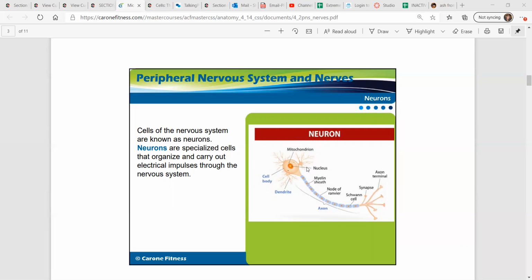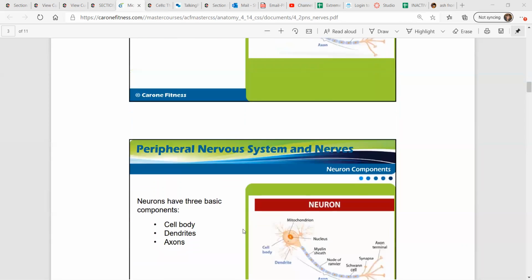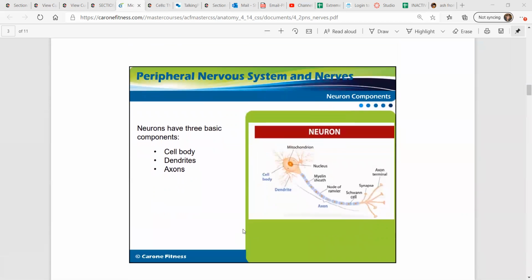And here is a neuron and the parts of a neuron. We have a mitochondrion, the little nucleus, the cell body. These little tree branch looking things are called dendrites. We have the axon and axon terminals and synapse, and we'll learn about these parts in the future.